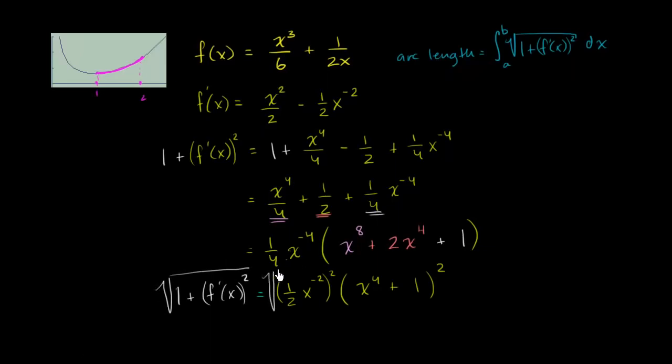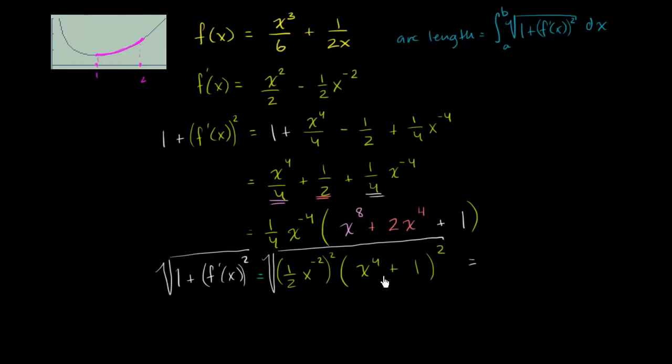So the square root of this is going to be 1/2 x to the negative 2 power times x to the fourth plus 1. I did that right? Yep.